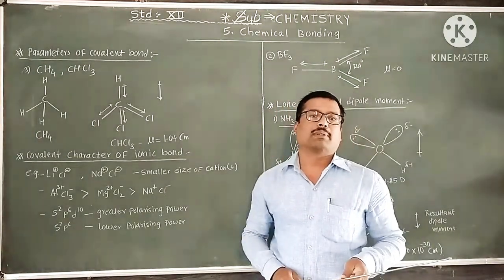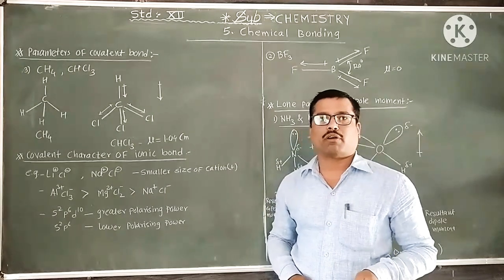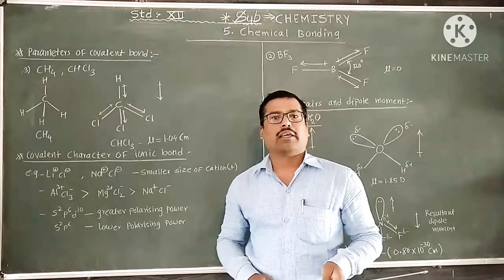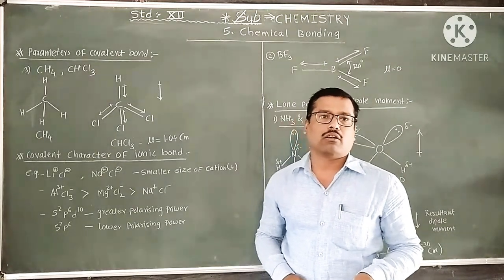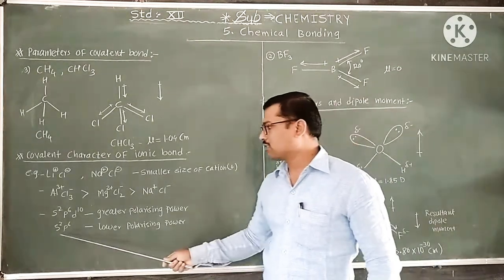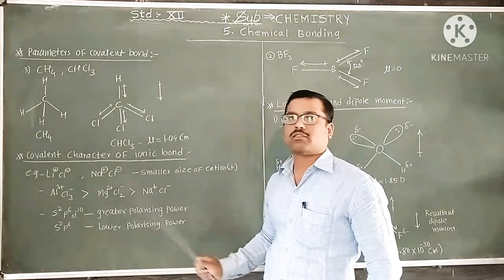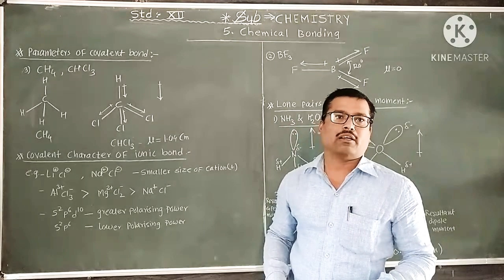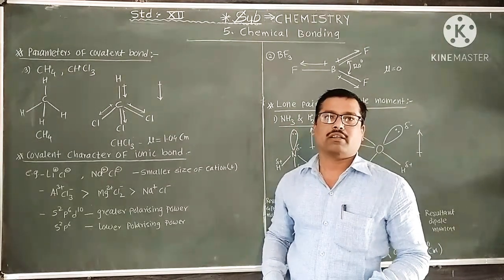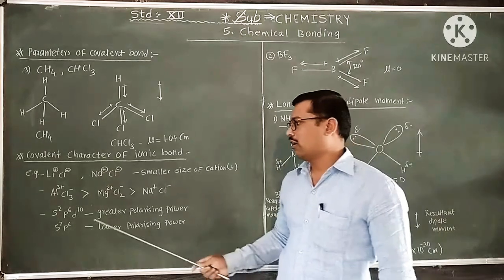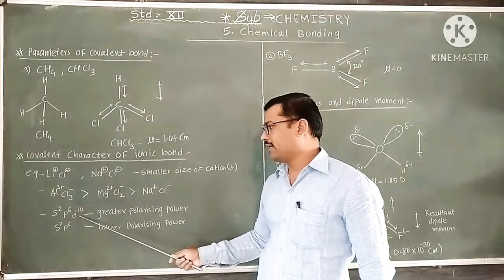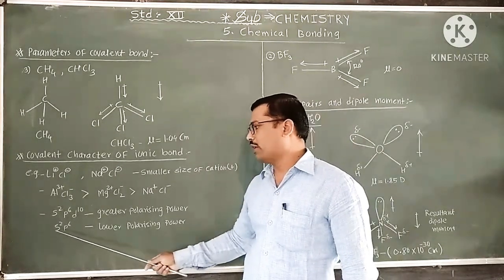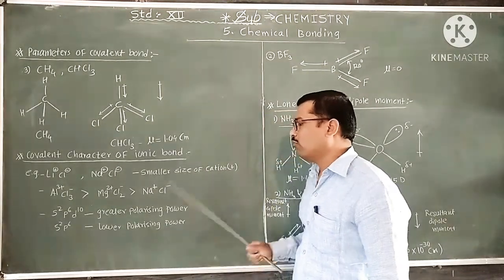At that time it possesses a greater polarizing power than a cation having an outer electronic configuration of s2 p6 electrons, having the same size and same charge. Here s2 p6 d10 has a greater polarizing power than s2 p6, which has a lower polarizing power.